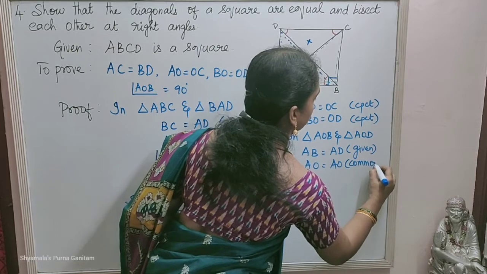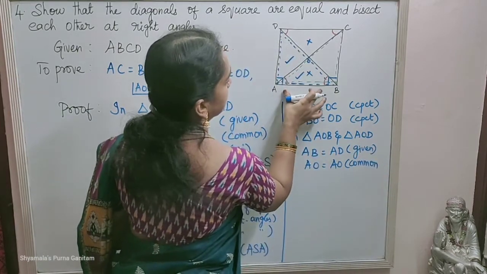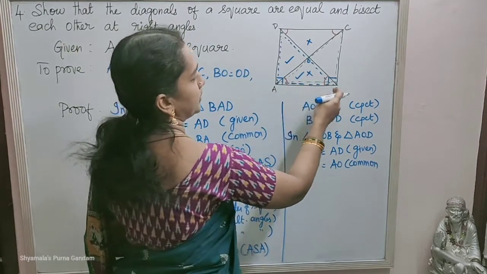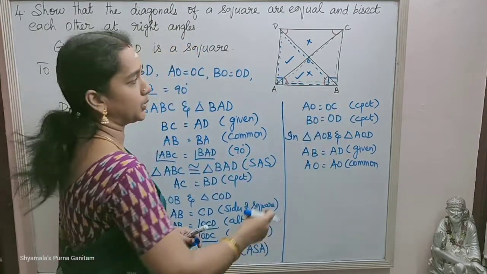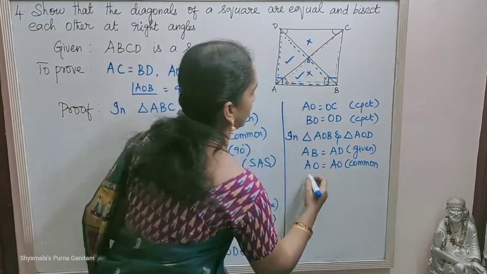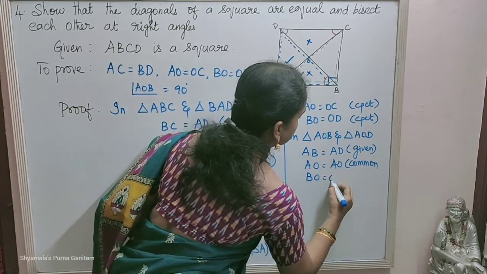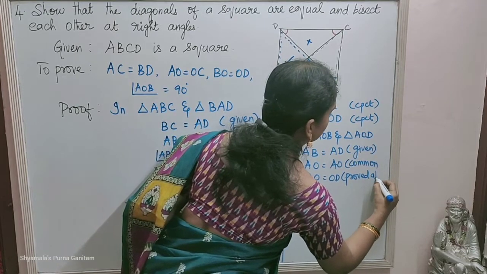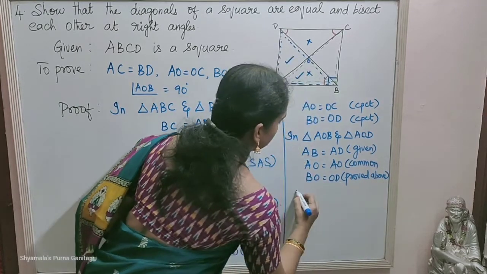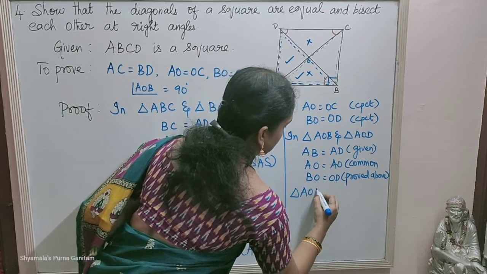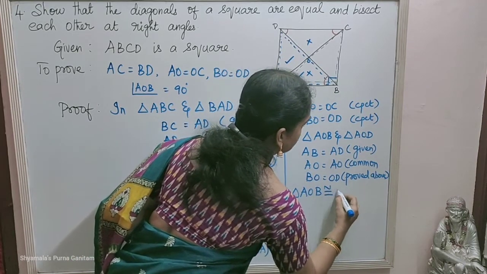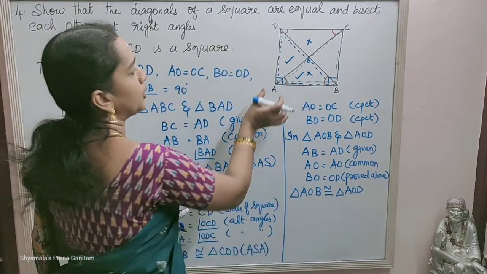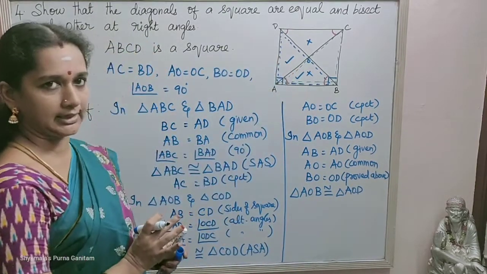Then we have already proved above that BO is equal to OD. So by SSS congruence, triangle AOB is congruent to triangle AOD. So we have proved the congruence of these two triangles.